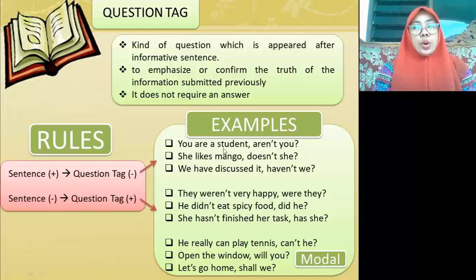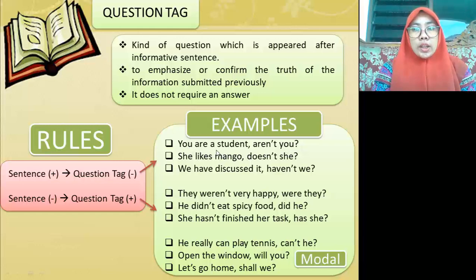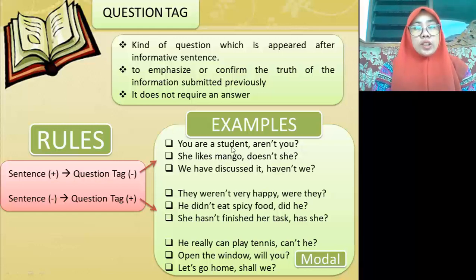You are a student, aren't you? This part, you are a student, is the positive, and then the question tag, aren't you, must be negative. She likes mango, doesn't she? We use doesn't because there is a verb.